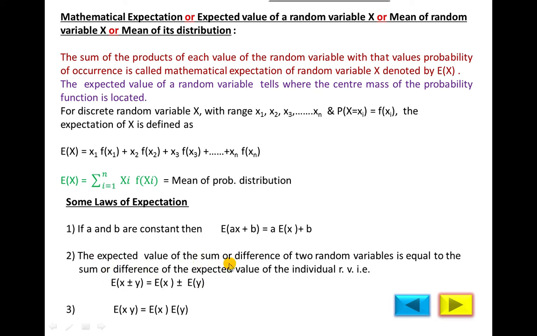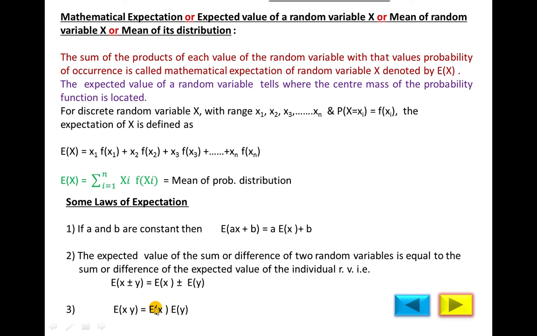The expected value of the sum or difference of two random variables is equal to the sum or difference of the expected values of the individual random variables. For the sum or difference of two random variables, the mean value will be equal to the sum or difference of the individual mean values. And same as product, if you multiply both variables and then calculate the mean value, or if you calculate the separate mean values of both variables and then multiply, the result will be the same.